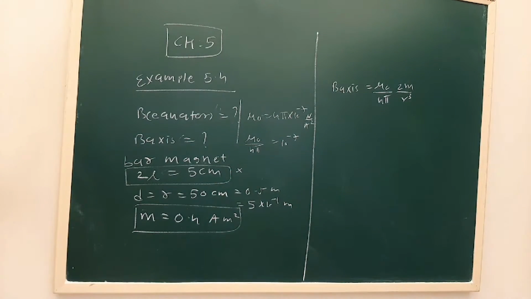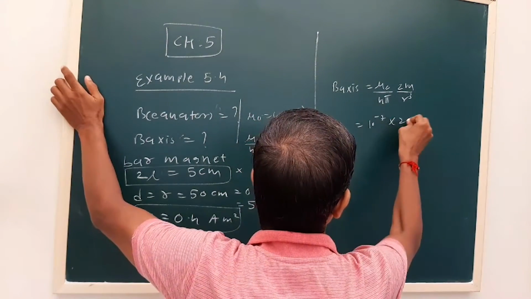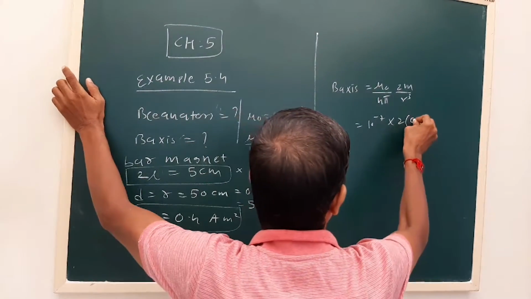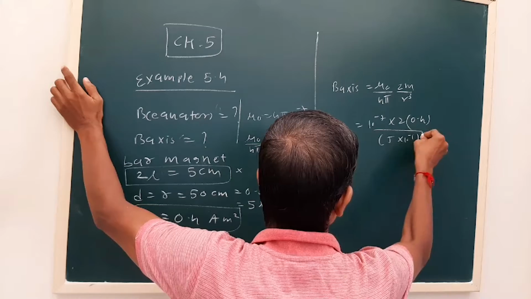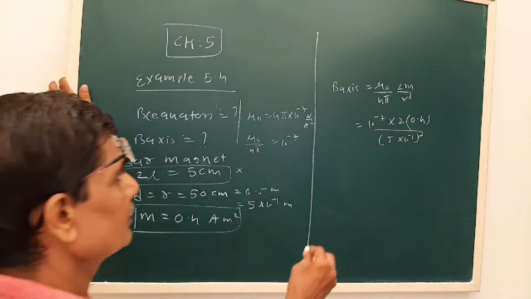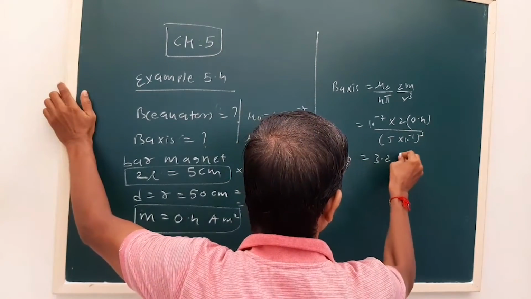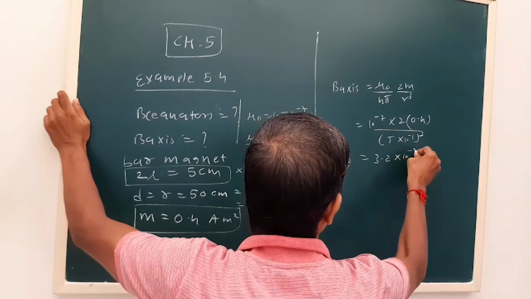Now m is 0.4, and r is 5 into 10 to the minus 1, cubed. If we simplify, it will be 3.2 into 10 to the minus 7 Tesla.